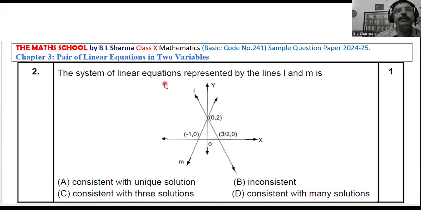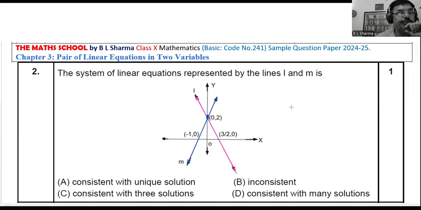The system of linear equations represented by the lines L and M is. See here, here are two lines. One line is L, this line, and the other line is M, this line. The two lines are intersecting at one point, this point. So what do we mean by consistent?